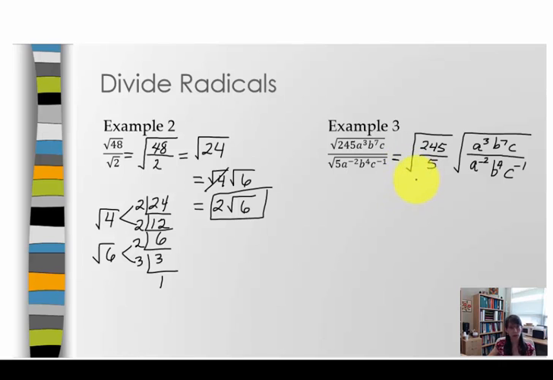Starting with the numerical portion, 245 is divisible by 5 evenly, and that gives us the square root of 49, and that would be 7. That completely clears the radical.